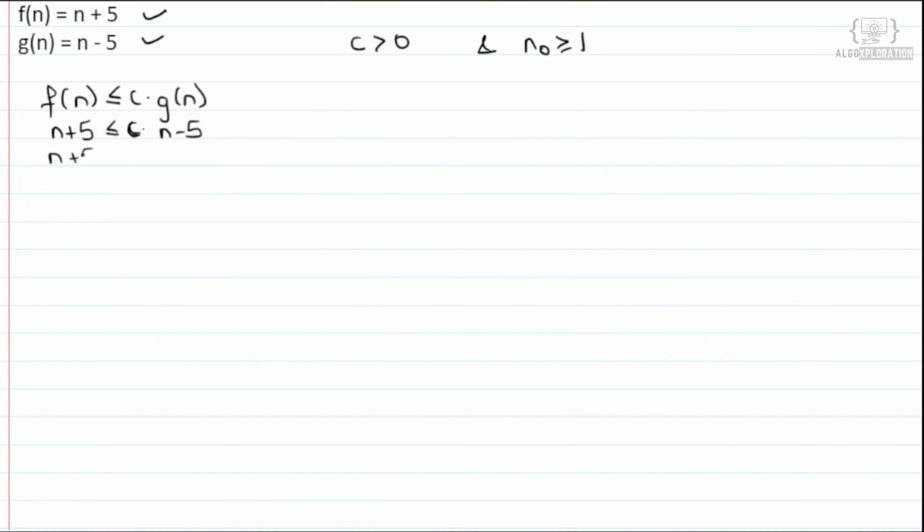n plus 5 is less than or equal to 2 into n minus 5. This will become n plus 5 is less than or equal to 2n minus 10. Now let's put value of n as 10 raised to 5.